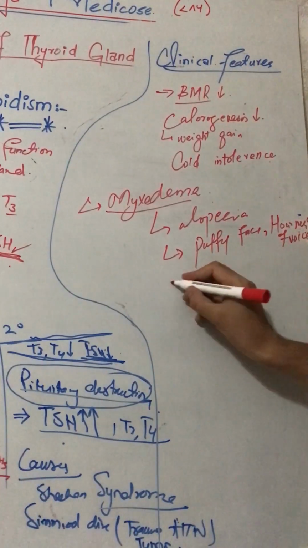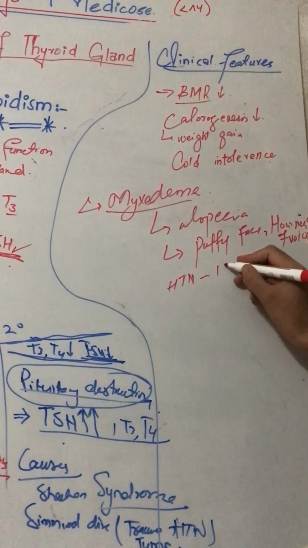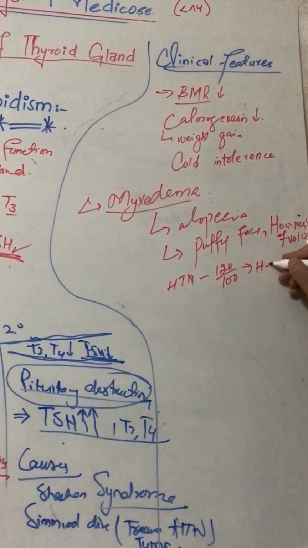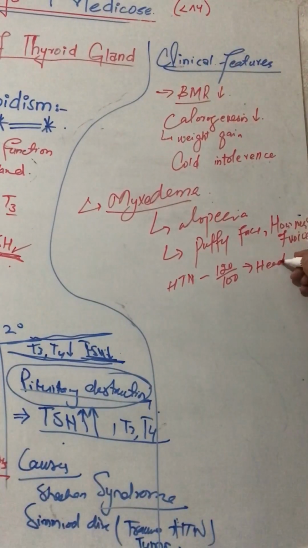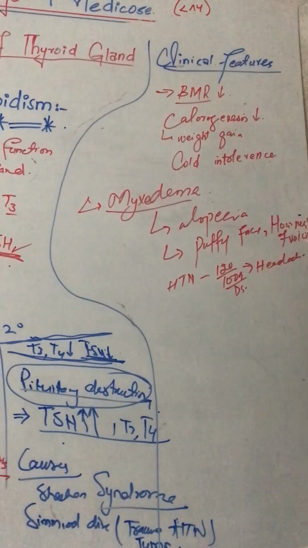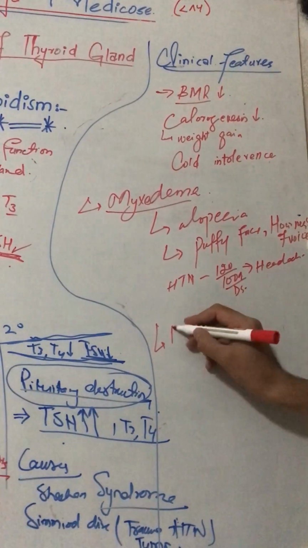Then there will be hypertension. Hypertension will be like, for example, 120/100. So that will cause headache. Increase in the diastolic hypertension. In the female, there will be menorrhagia.